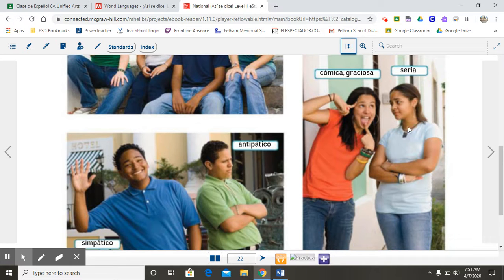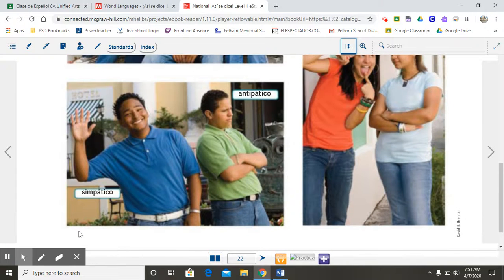And here, look at her face. This is probably the easiest word because it's a very close word to the English version. Seria would become serious. She is serious. Seria. If it was a boy, serio. Okay? Down here. These are the hardest ones, I think, to remember.